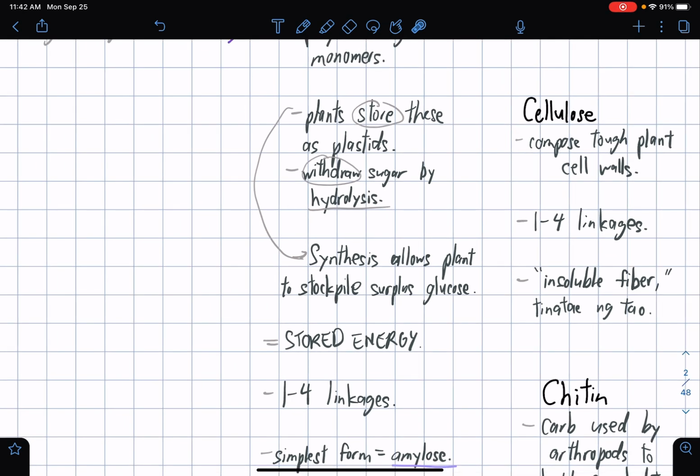Synthesis allows plants to stockpile surplus glucose. So it's basically stored energy. One thing about carbohydrates is that, particularly for humans, if there is an excess amount of sugar, that eventually becomes a lipid, becomes a fat.